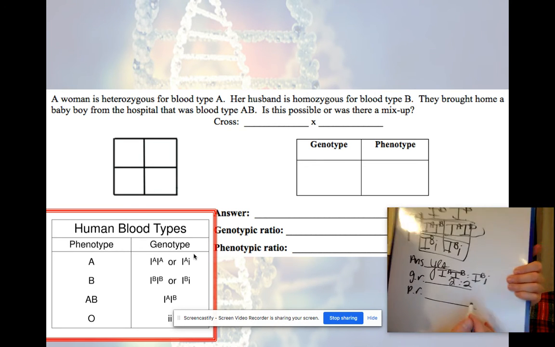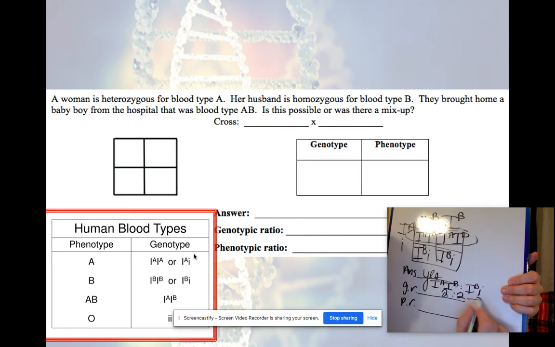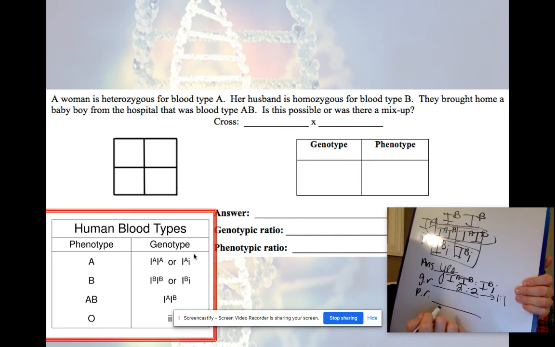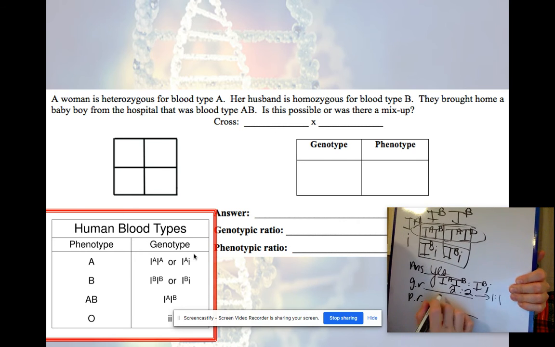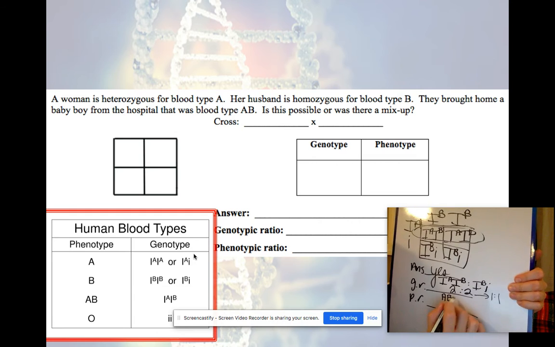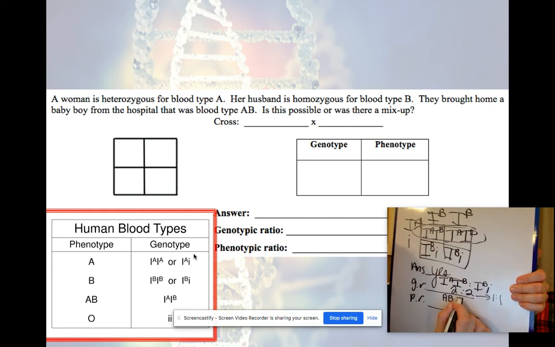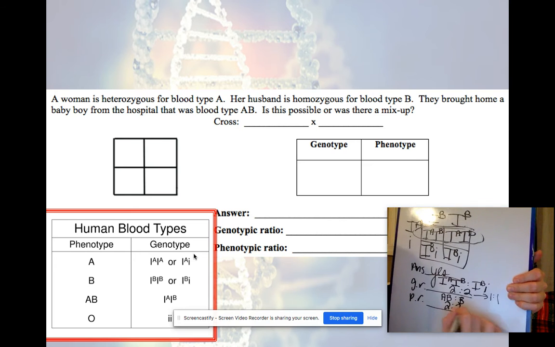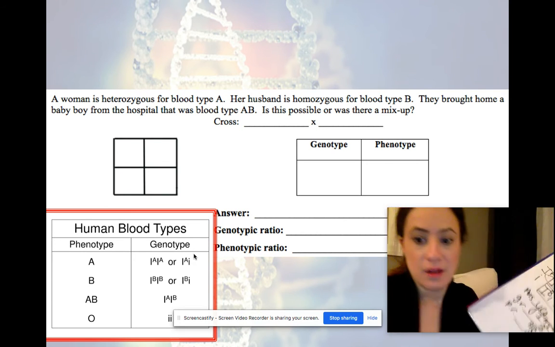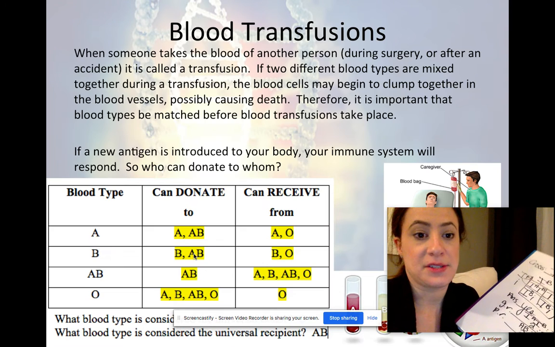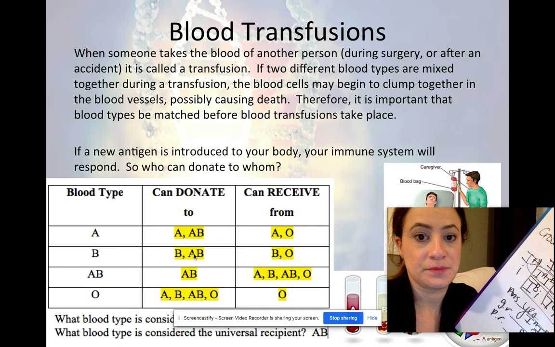Again, you can leave 2-to-2 or reduce to 1-to-1. For the phenotypic ratio, the top row has 2 blood type AB, and the bottom row has 2 blood type B. So that's a ratio of 2-to-2, which reduces to 1-to-1. Now that's an example of how to do that second problem.